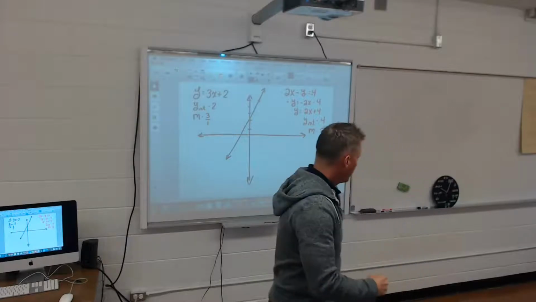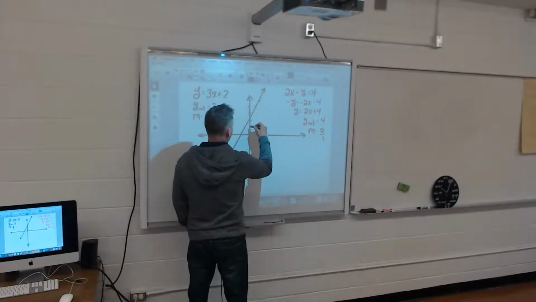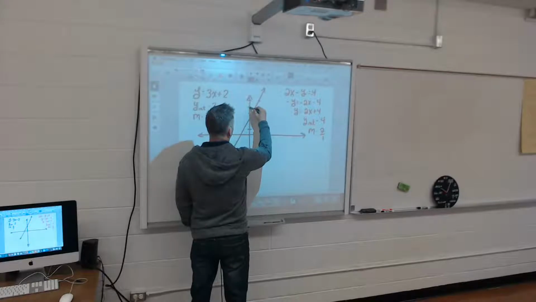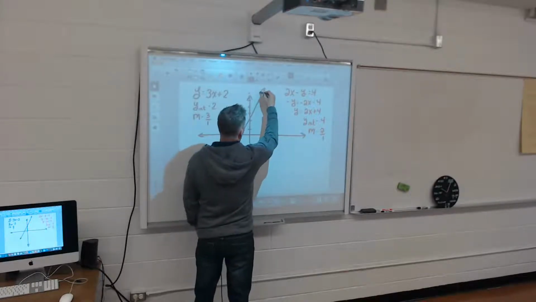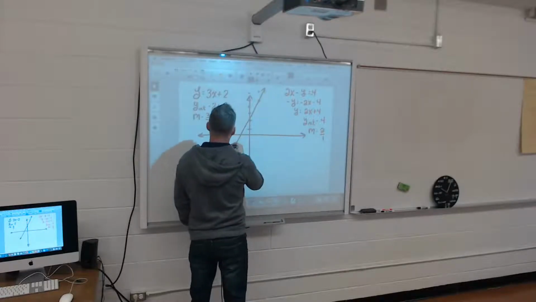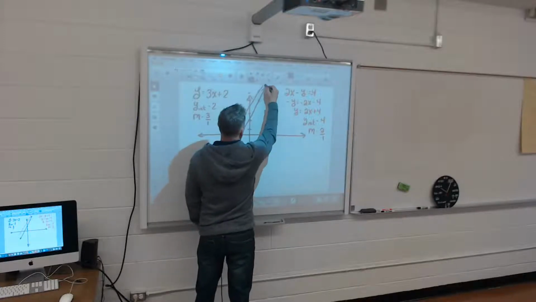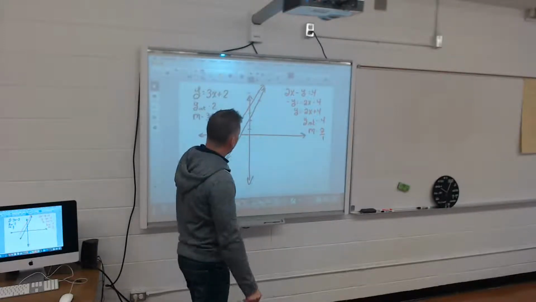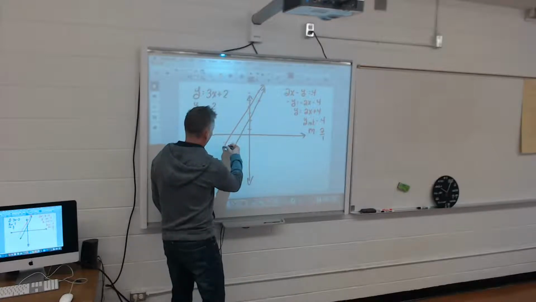So I'm going to go to 0 and 4 right here. Then I have to go up 2 and then over 1 to right here. And I graph it, and because I've drawn it so poorly, I can't see a connection point.